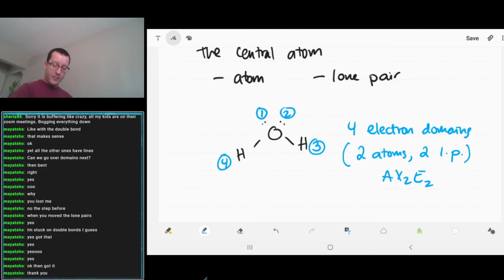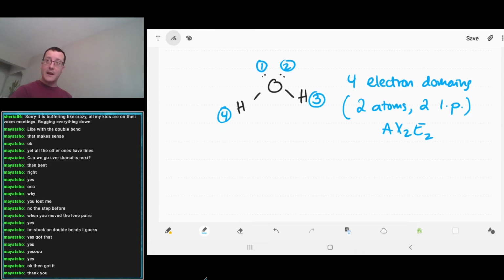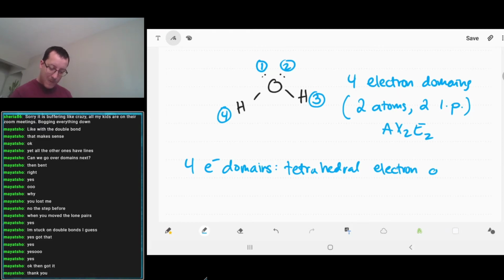We know that water has 4 electron domains, and 4 electron domains means tetrahedral electron geometry. Every single time. Anytime you have 4 electron domains, your electron geometry is tetrahedral.